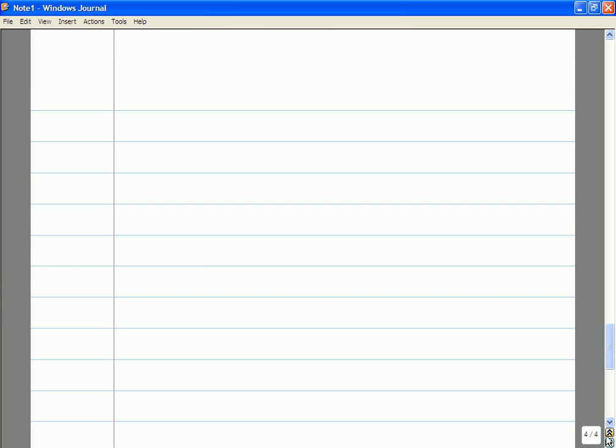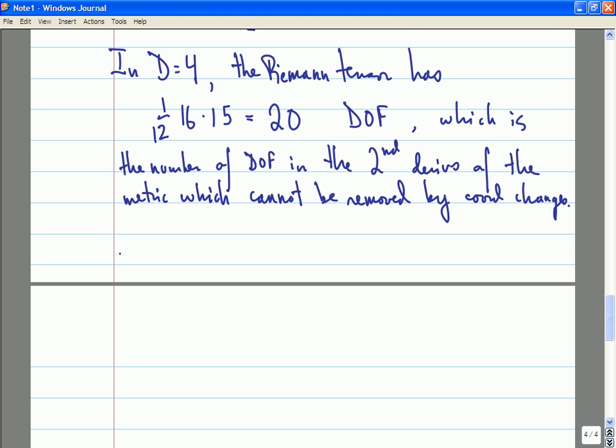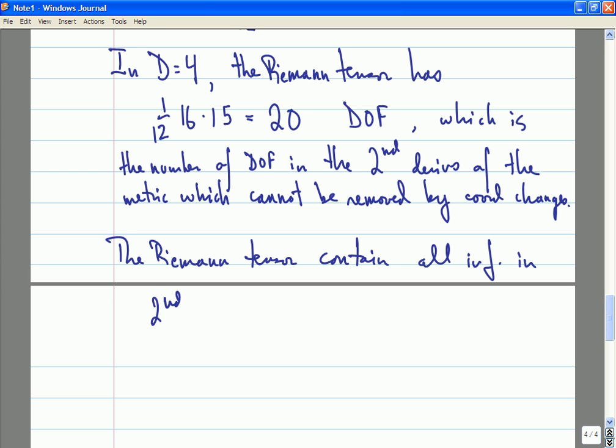So the Riemann tensor contains all of the information in the second derivatives of the metric. That's good news.